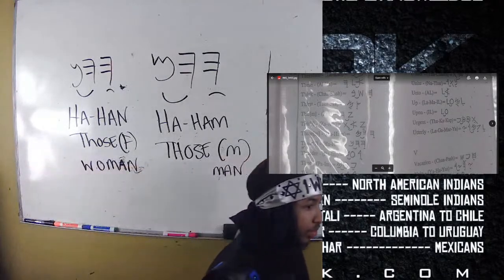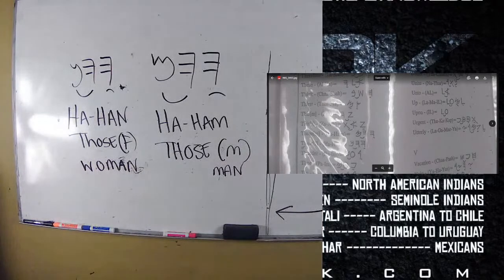Woman, and one is a man. Ha-hum, saying those brothers. Ha-hun, those sisters. Whether they kids, babies, grown women, grown men.